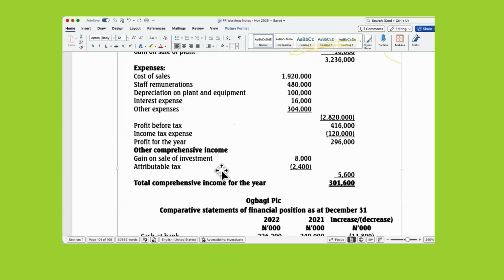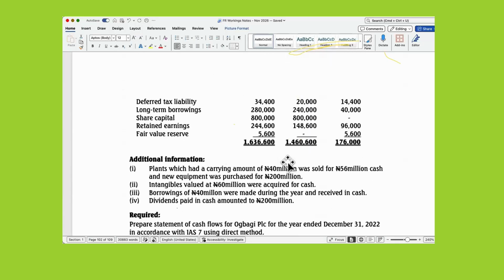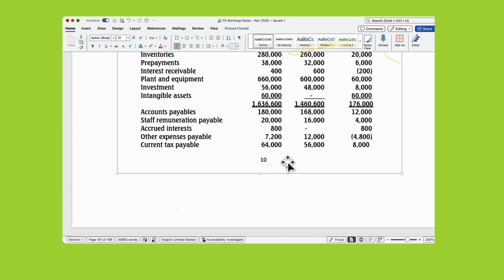P&L is prepared on an accrual basis. Whether you have paid it or not, as much as it relates to the year, you put everything in P&L. So in this 16,000, for there to be an interest payable for the year as a result of this increase, that means it's already included in that 16,000. That's the way accounting is done.